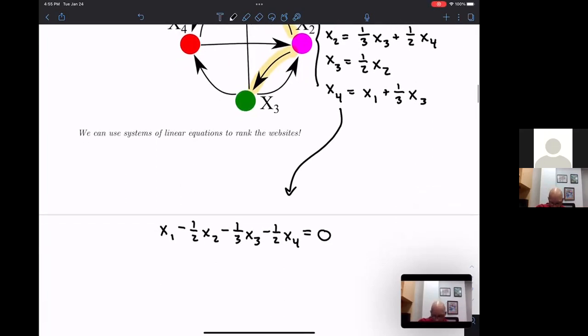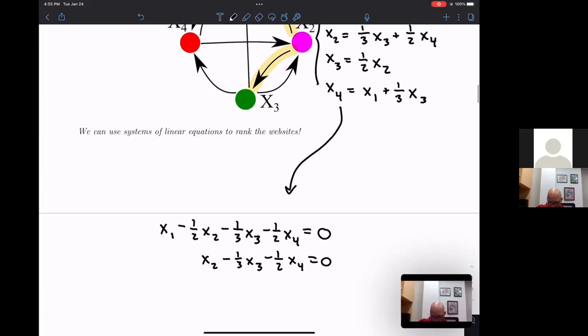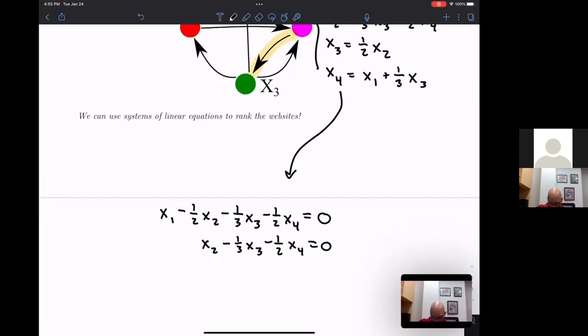All right, let me do the same for the rest of the equations. Now I'm going to do X2 minus 1/3 X3 minus 1/2 X4 equals 0. That third equation is minus 1/2 X2 plus X3 equals 0.